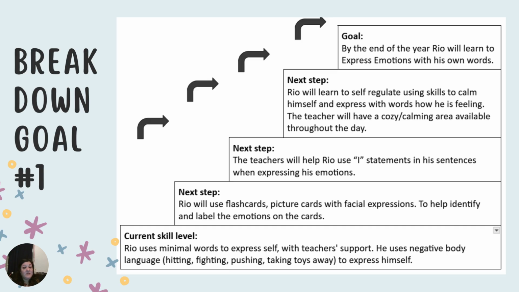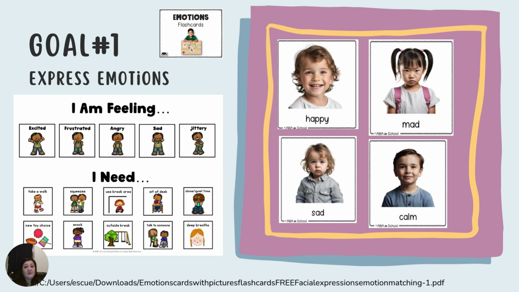And after that, the teacher will help Rio use I statements in his sentences when expressing his emotions. The following step, Rio will learn to self-regulate using skills to calm himself and express with words how he is feeling. The teacher will have a cozy calming area available throughout the day. And these are examples of the flashcards that I presented.